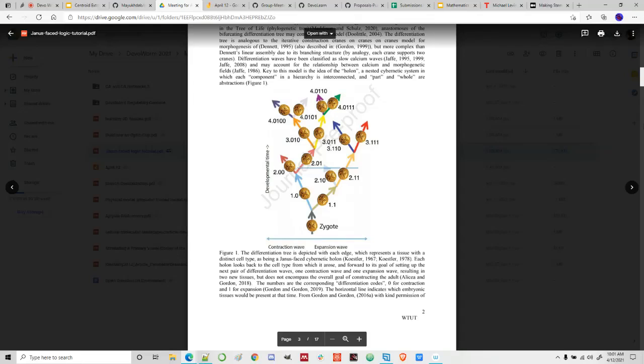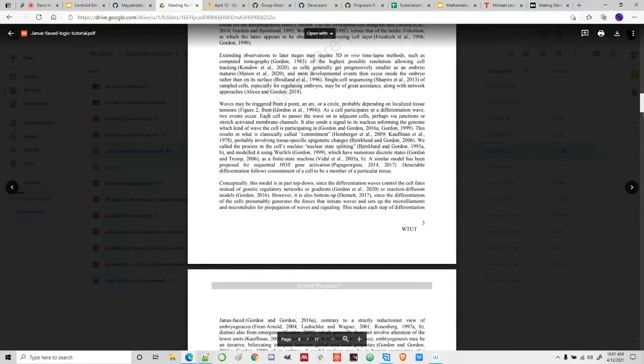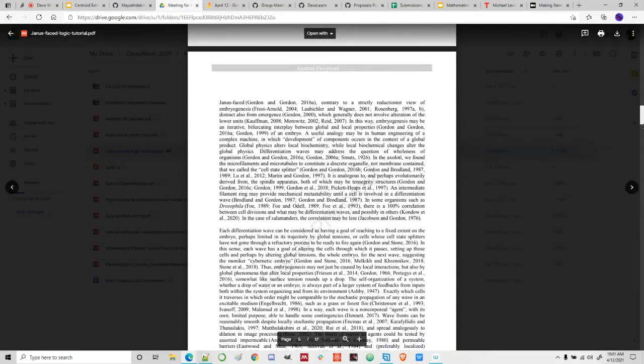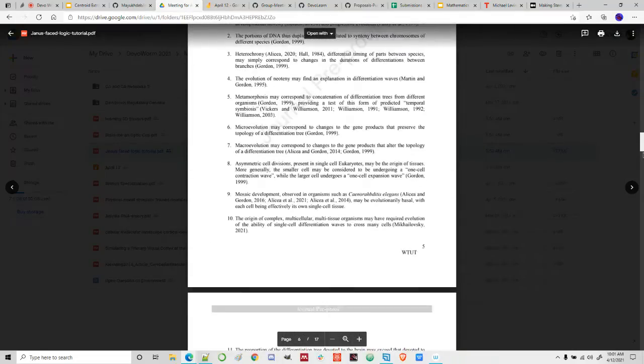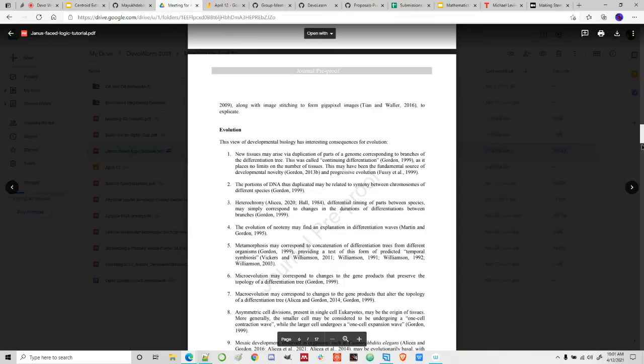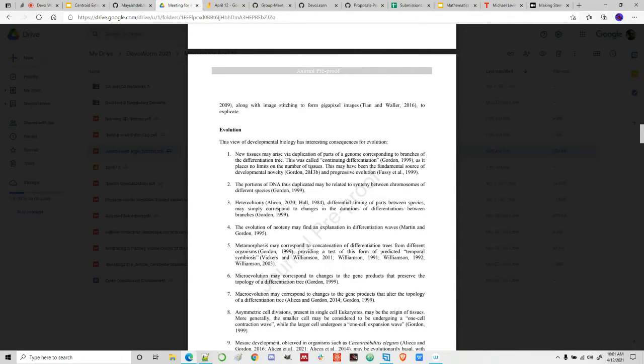And so, I'm not going to go deeply into the paper, but I'm just going to say that this is pretty digestible. We have a number of consequences for evolution here, which is talking about different things in development that this model of development has a consequence on.